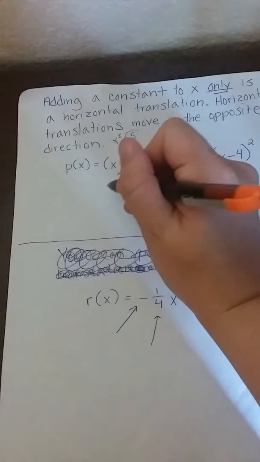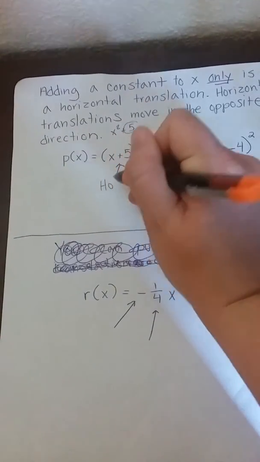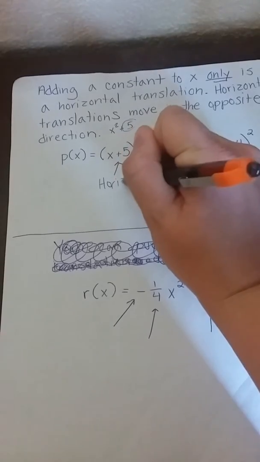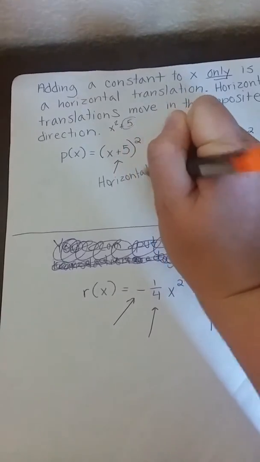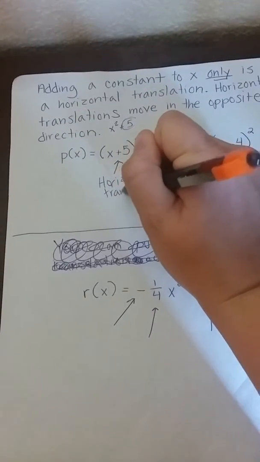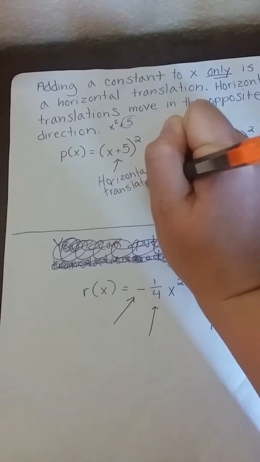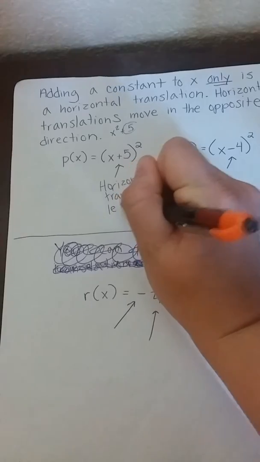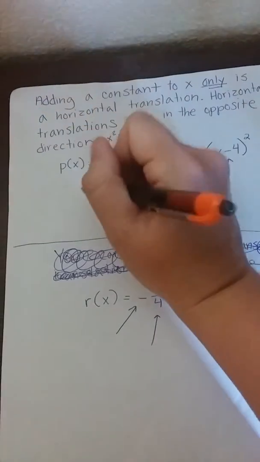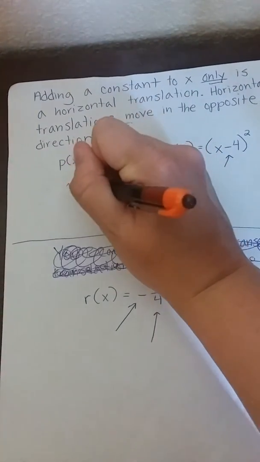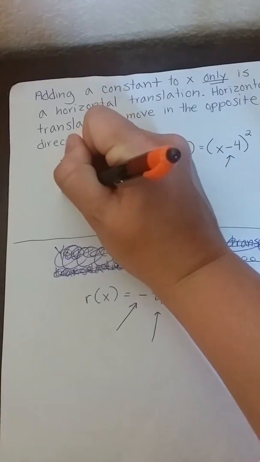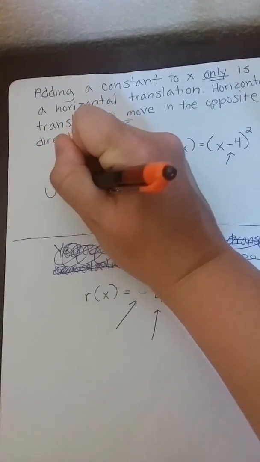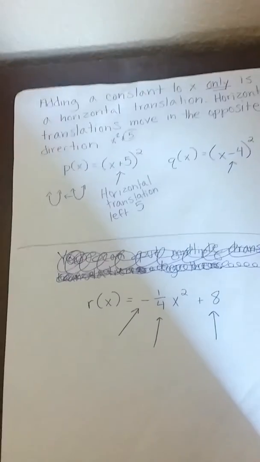So in this situation, we call this a horizontal translation. And horizontal translations move in the opposite direction that you'd think they would. So plus 5 actually means that we're going left 5. So if this was your original shape, your original parabola, it would just move that way. It'd be the same shape, just 5 units to the left.